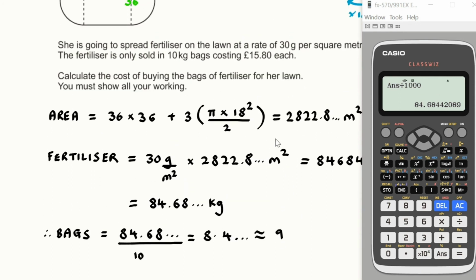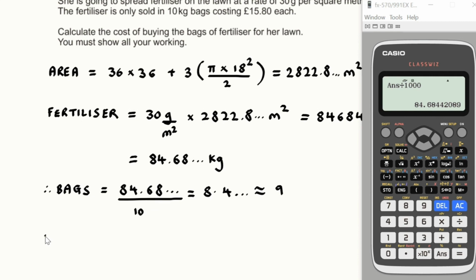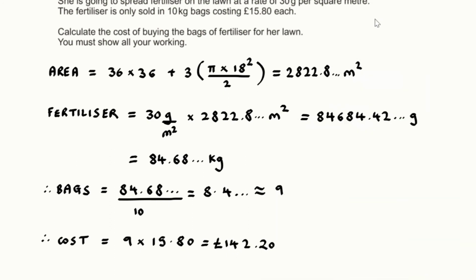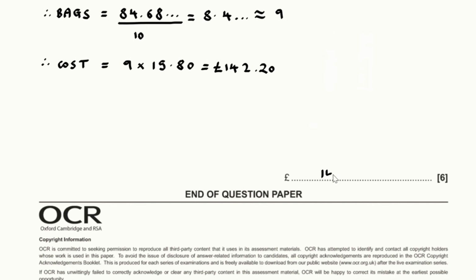And if each bag costs £15.80, the cost then is equal to 9 multiplied by 15.80. So 9 times 15.80 is £142.20. So we've got £142.20 for the total cost.